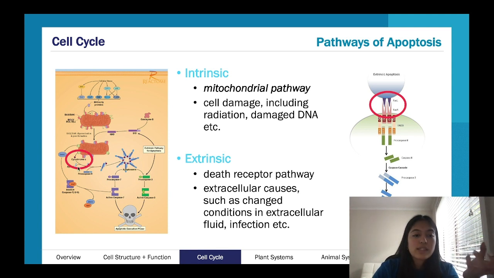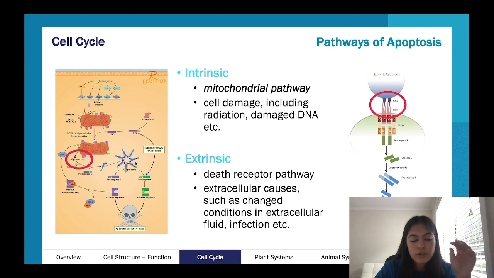Once this little molecule is released, it leads to apoptosis. On the other hand, extrinsic comes from outside the cell. So we have this little molecule, and this is the cell here, and it comes from externally and signals the cell to program and have that apoptosis, because that can be caused by extracellular things, such as infection, for example.